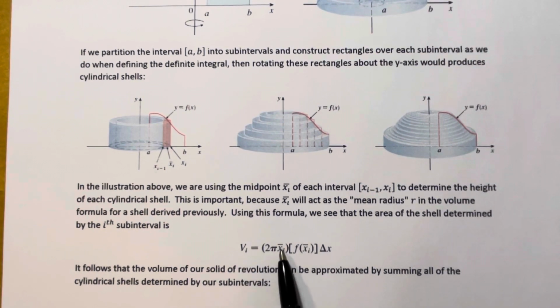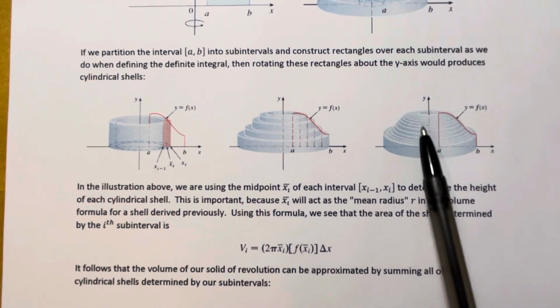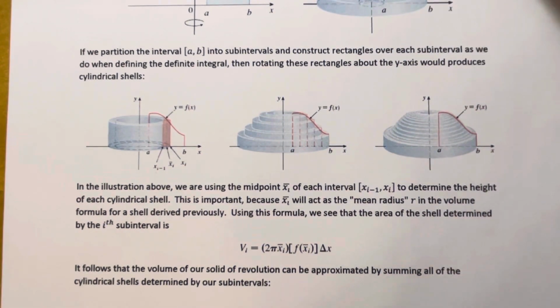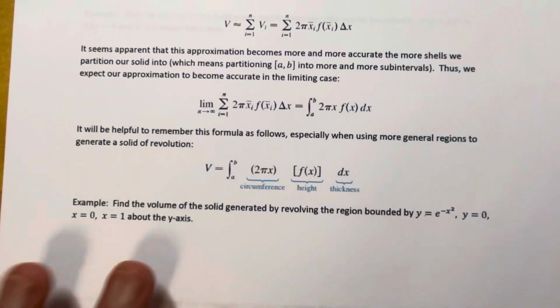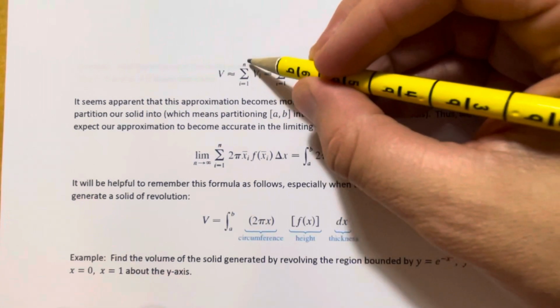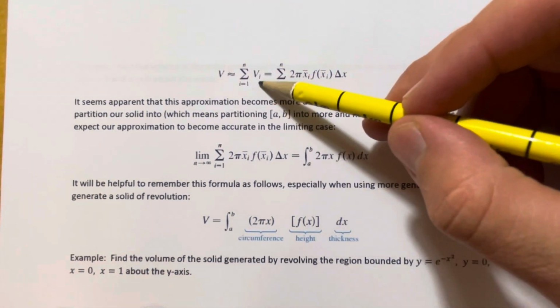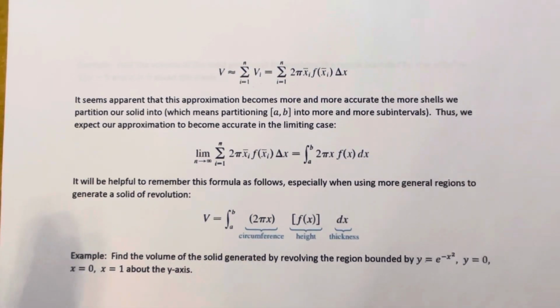This is the volume of only one of those shells, but I want to sum the volume of all of these cylindrical shells to get the total volume. So if I sum this from i equals 1 to n, representing all n subintervals, then I get a good approximation for the volume of my solid.